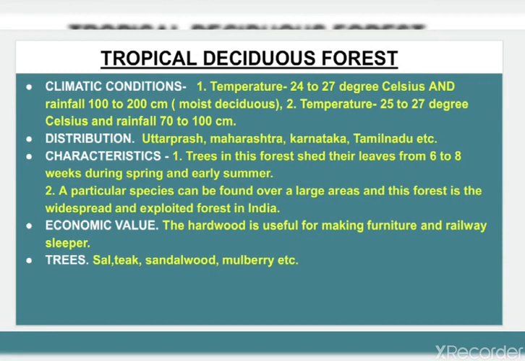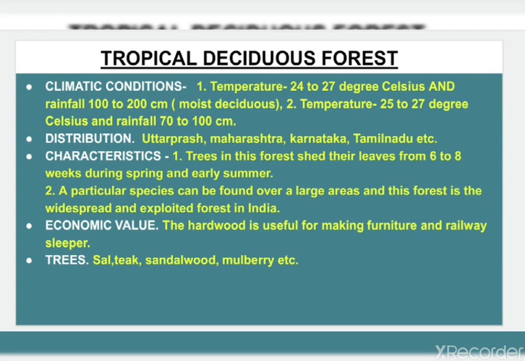Now, let us learn the second one, that is the tropical deciduous forest. The climatic condition: temperature 24 to 27 degrees Celsius and rainfall 100 to 200 centimeters. In bracket I have written moist deciduous. Remember that tropical deciduous forests are of two types depending on the rainfall pattern.